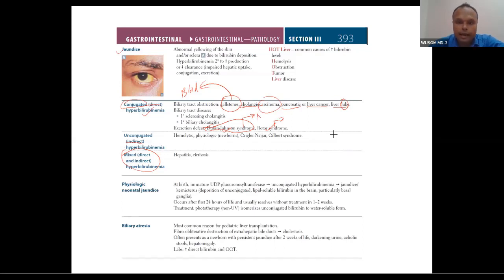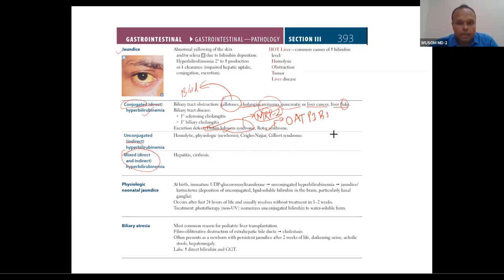Here you can see MRP, not maximum retail price. The full form is multidrug resistance protein 2. Now Rotor syndrome has a deficiency of what? I told you to remember OATP1B1, organic anion transporting polypeptide 1B1.